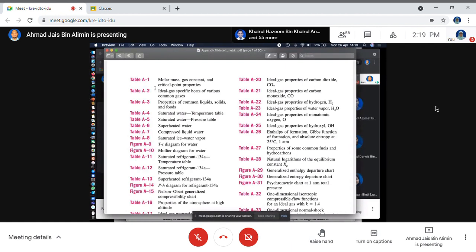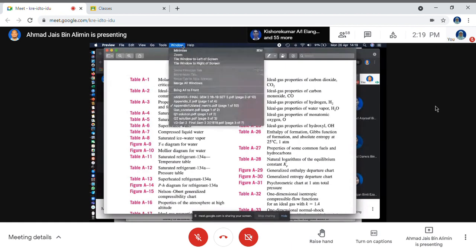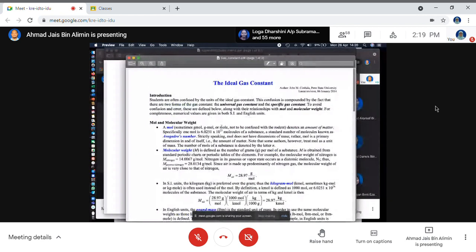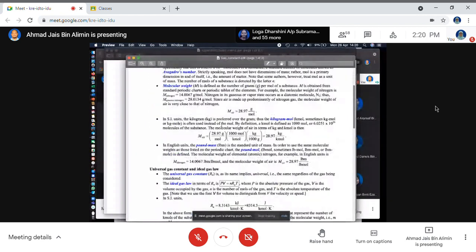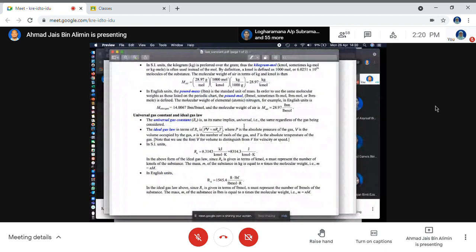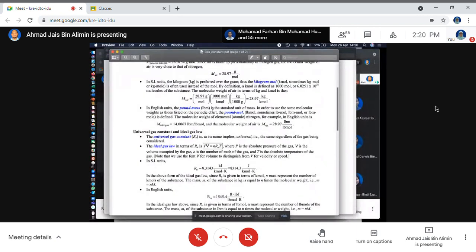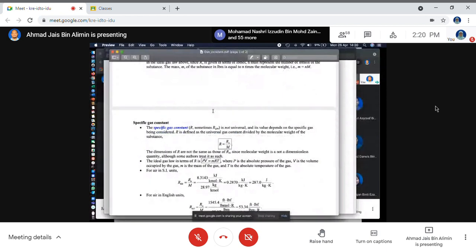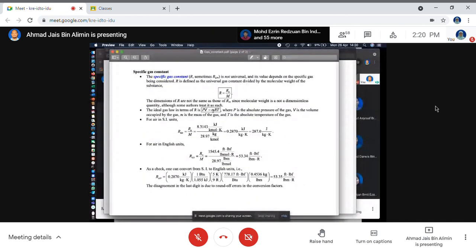Kalau untuk awak deal dengan Brayton, boleh pakai konsep yang ini. Ada gas constant. Walaupun tak diberikan dalam soalan, tapi formula yang ada ni, contohnya macam mana nak gunakan molecular weight untuk kirakan mass dan sebagainya, ada diletakkan dalam jadual di dalam database.